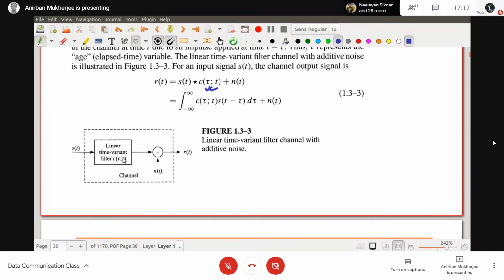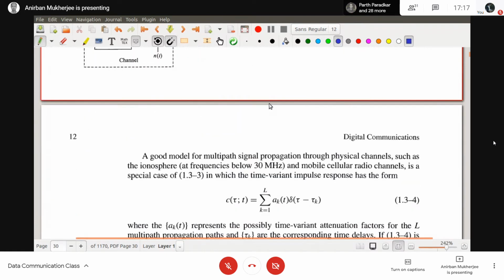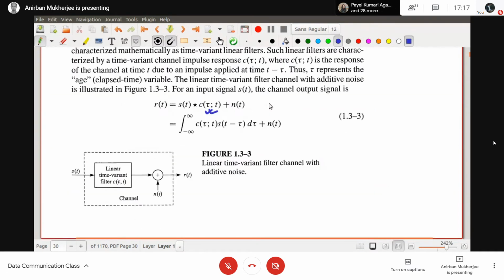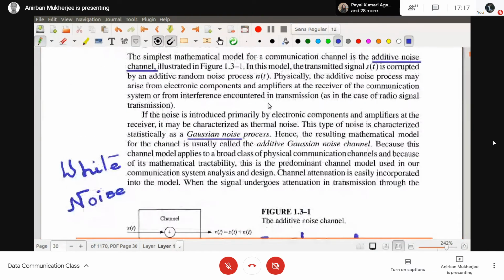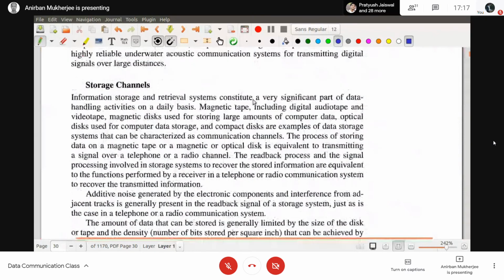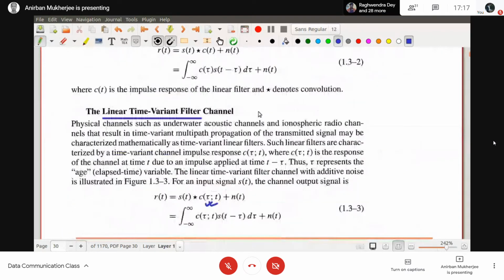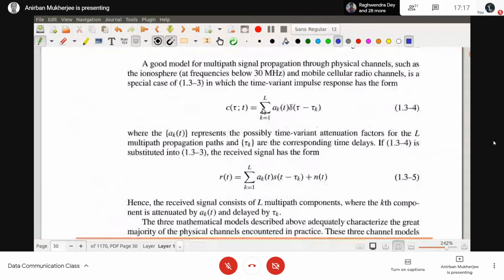Okay. Now that is a good model, and we are talking about multipath. If you remember, I told you about it somewhere. Multipath means, say I am doing a communication from this point to this point.